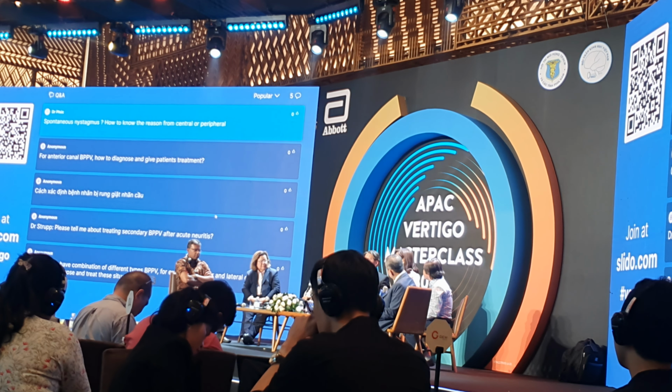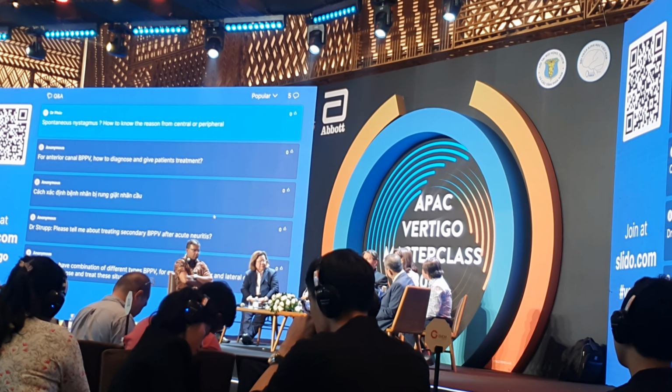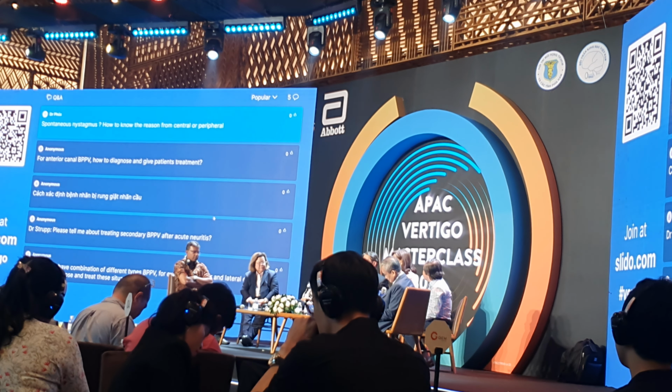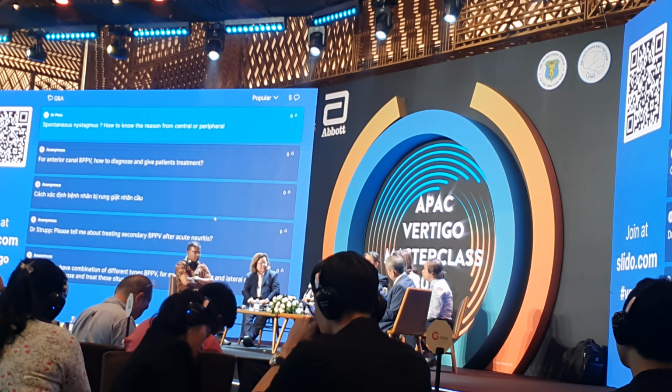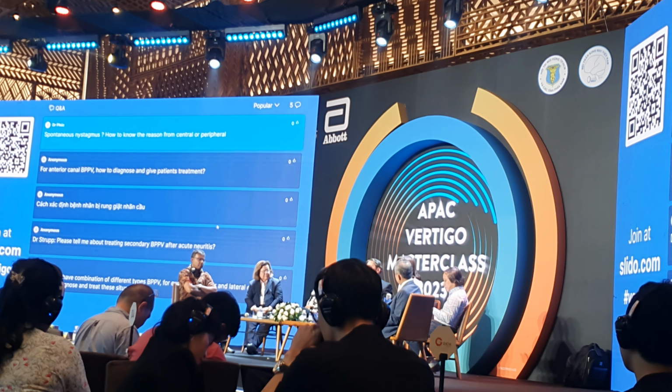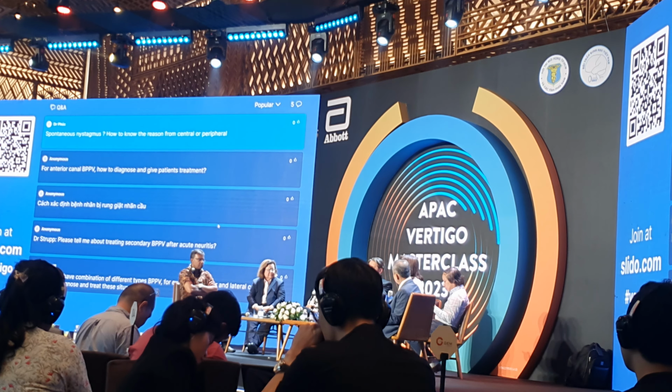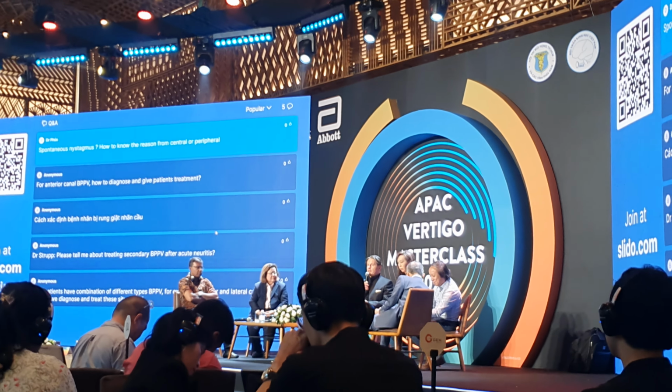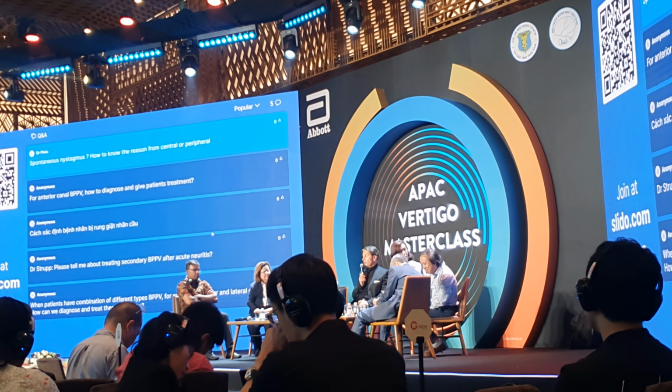Secondly, as stated yesterday, the pure vertical nystagmus is central. Pure torsional is difficult to identify. We have to be realistic. If you're very good, you might say this is purely torsional, and this will be central too.